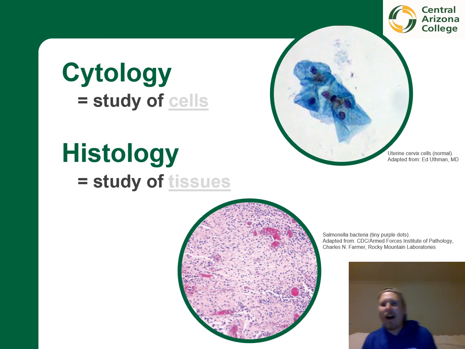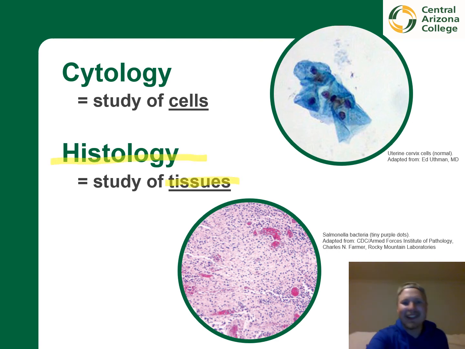Well, there are a few more terms that I want to make sure that we feel good about. When we are talking about the study of cells, we talk about cytology, so studying individual cells. And when we study entire groups of tissues, we talk about histology. Please make sure that you are clear on this.